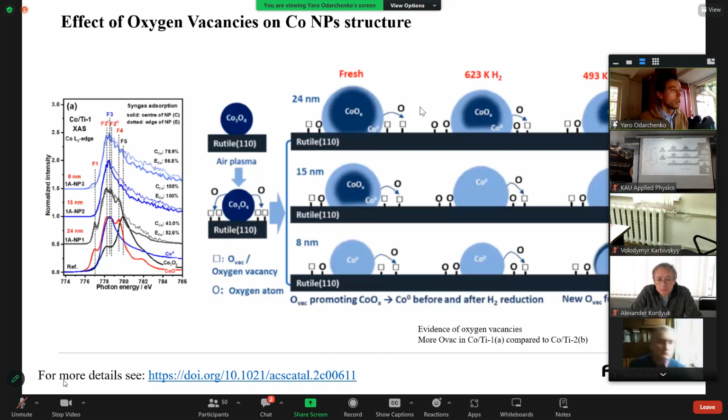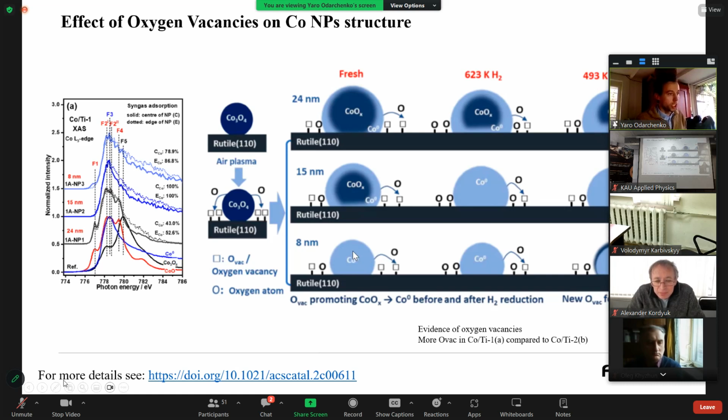As you could see, you have a 24 nanometer particle, a 15 nanometer particle, and 8 nanometer. And interestingly, the presence of oxygen vacancies actually helped to reduce the particles.